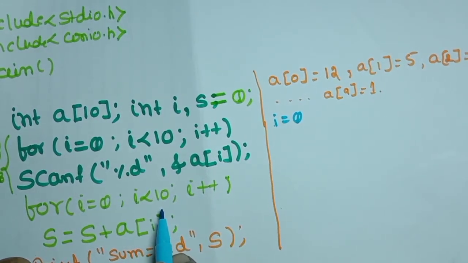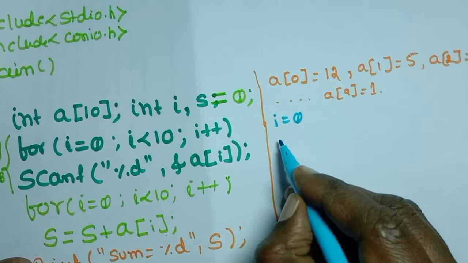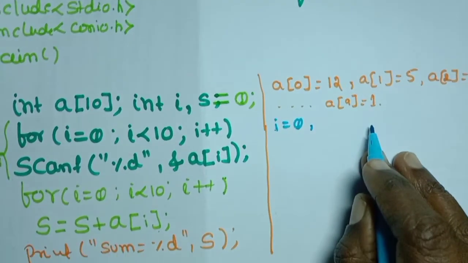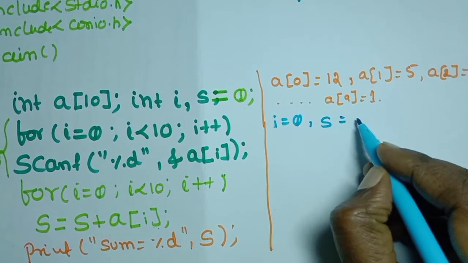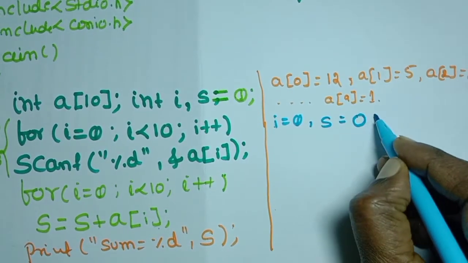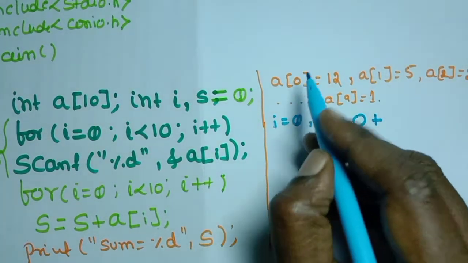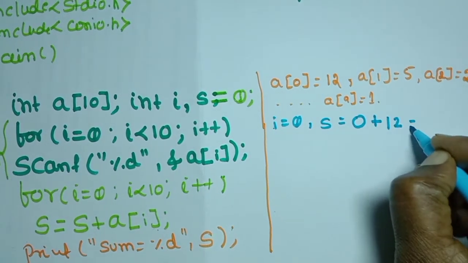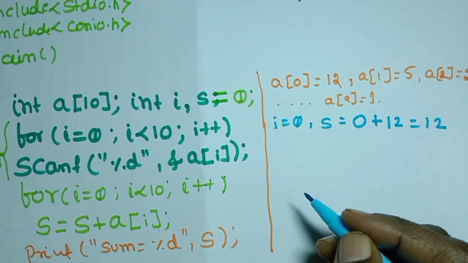The condition is true. Then it is going to execute this statement. For i is equal to 0, s is equal to 0 plus a of 0. a of 0 is nothing but how much? It is 12. It is going to add. Now your sum contains 12.